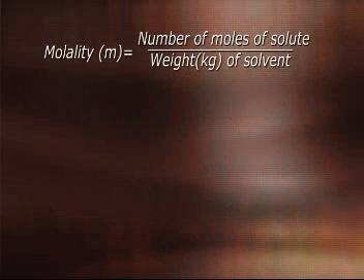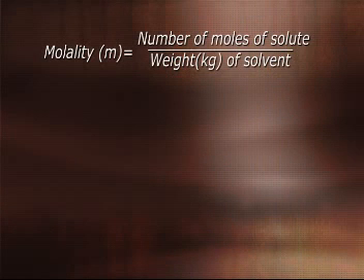There are 2 equations that can be used to determine molality. Please copy both of these onto a piece of paper because you will need to refer to them later in the lesson. In the first, molality is equal to the number of moles of solute divided by the weight of the solvent in kilograms.